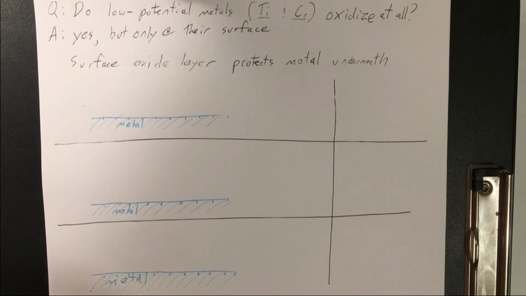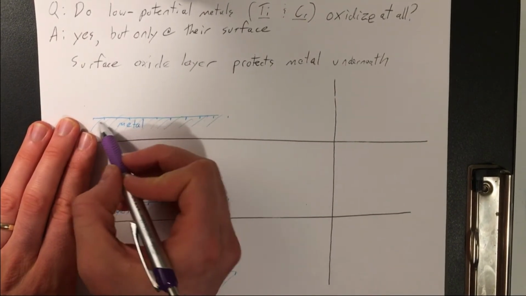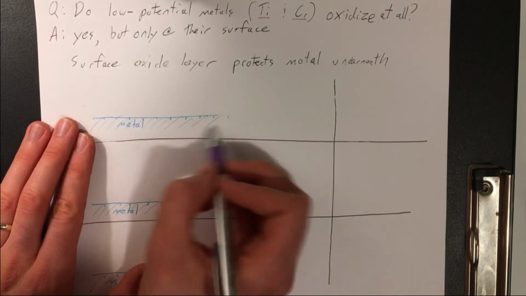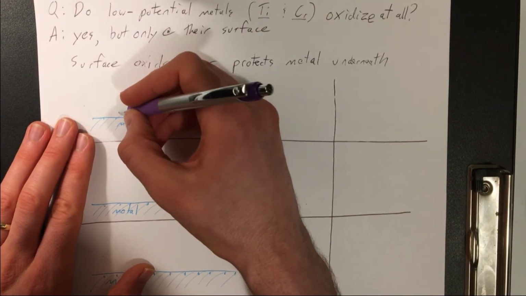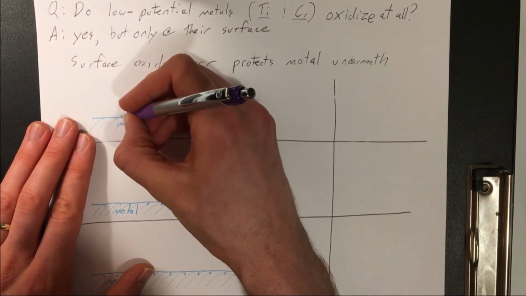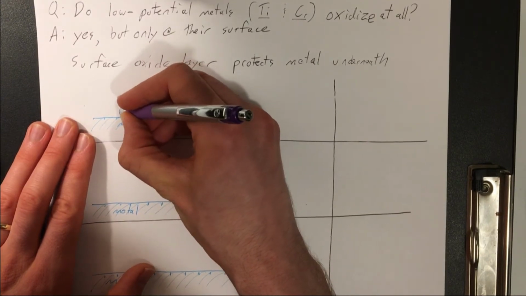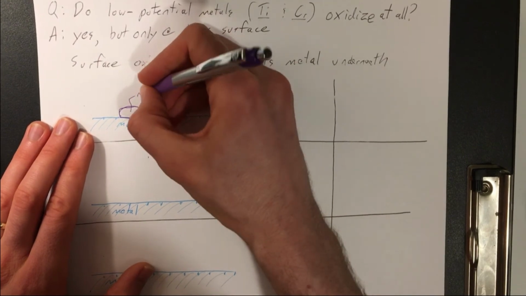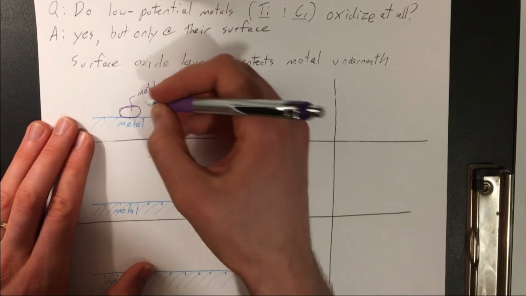Now we might have some cases, so there are 3 cases. So we said the atoms on the surface can oxidize. So let's just say this is the atoms just below this surface layer, and we have pieces of metal that form chunks of metal oxide. So this would be metal oxide.